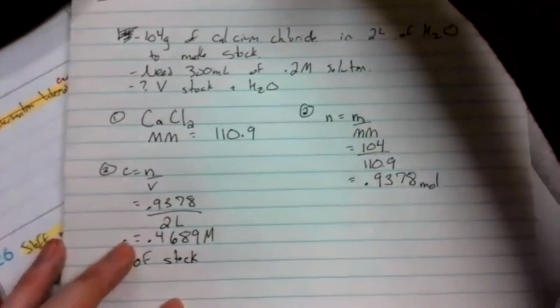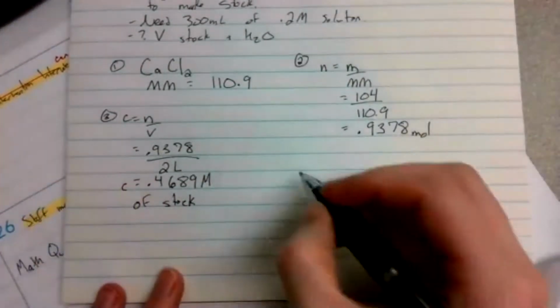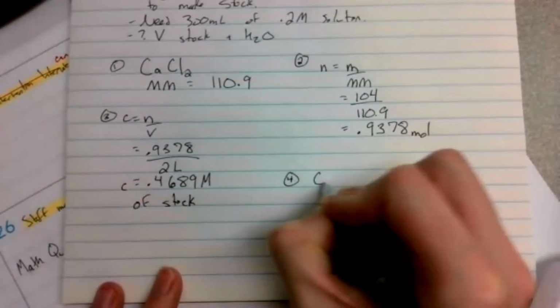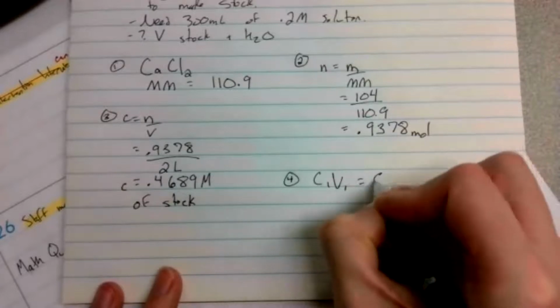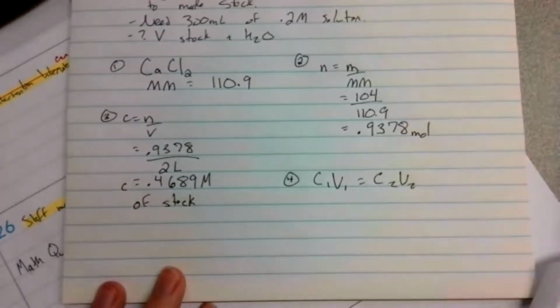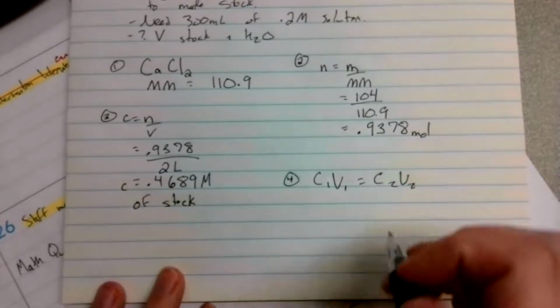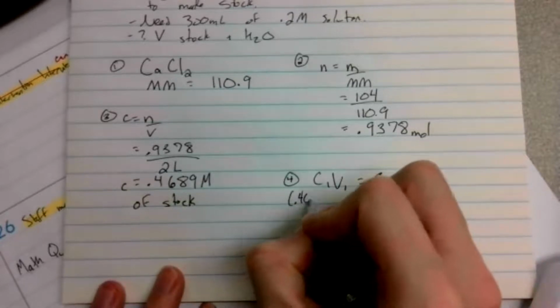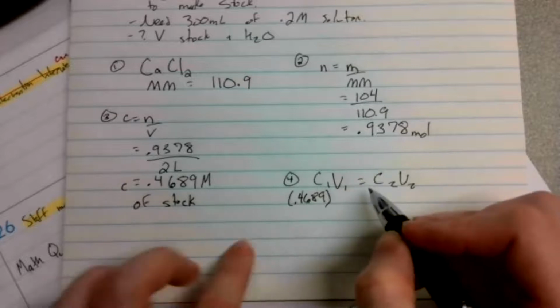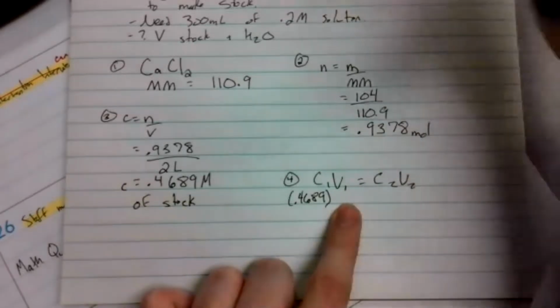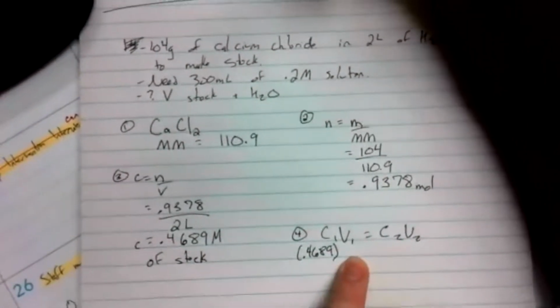Now that I have that concentration, my next step is plugging it into my C1V1 equals C2V2 formula. So this is my concentration, 0.4689. I don't know my volume of stock solution that I need.